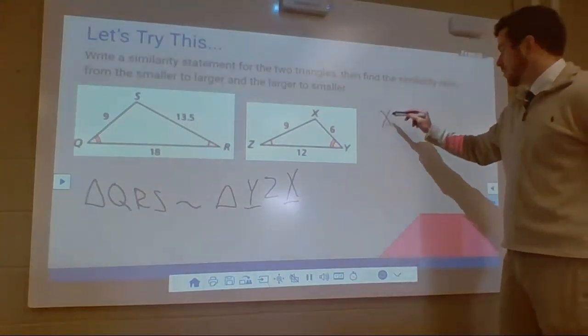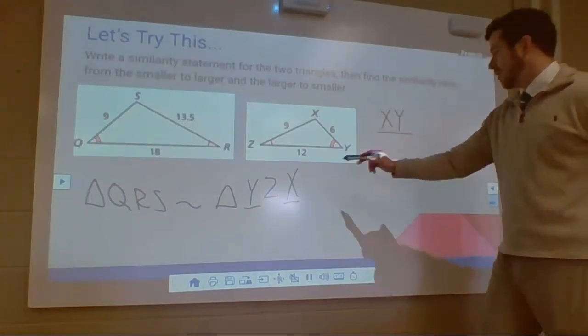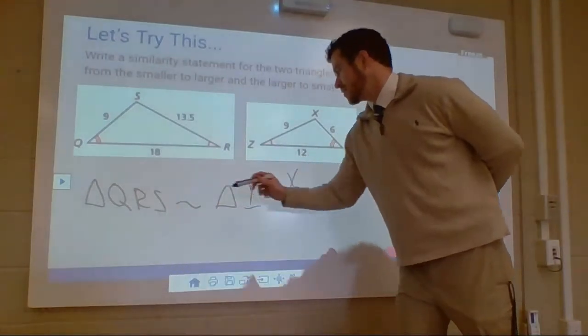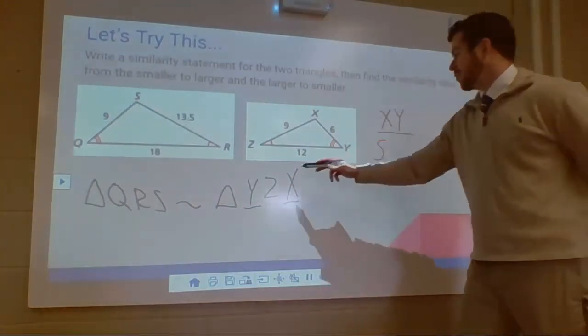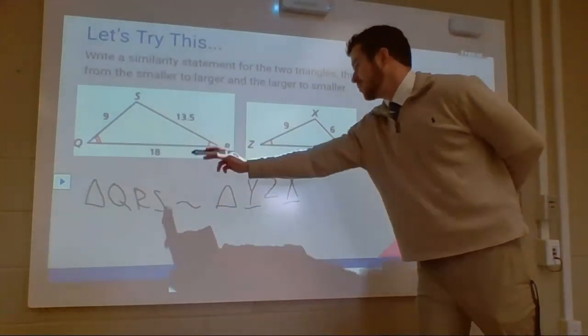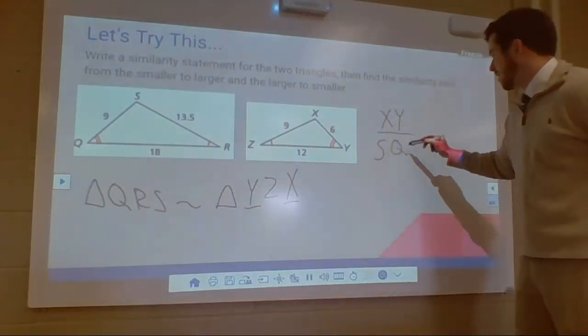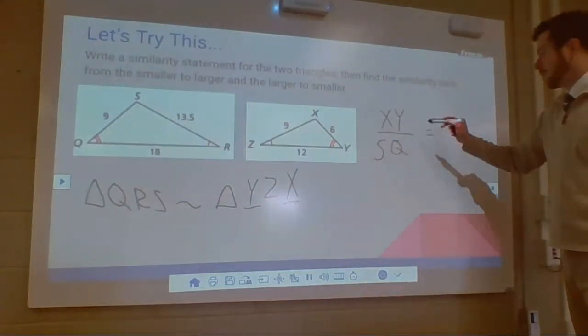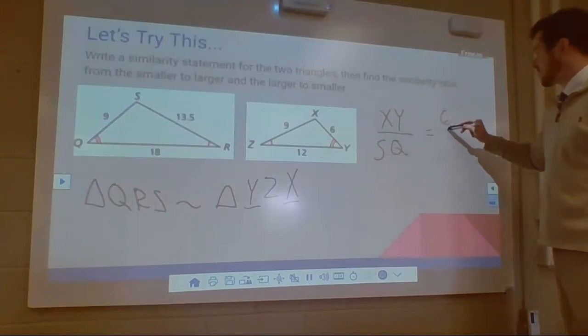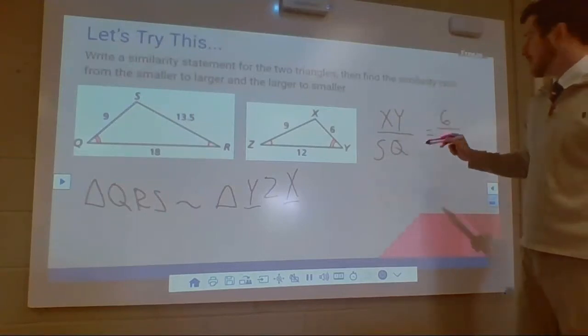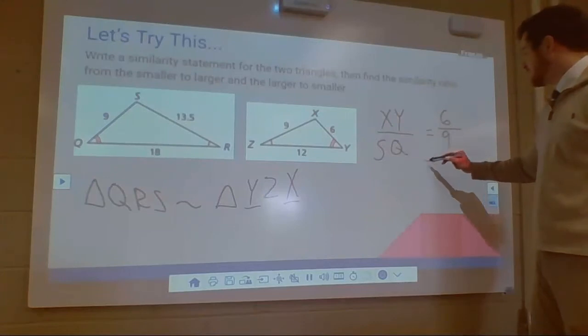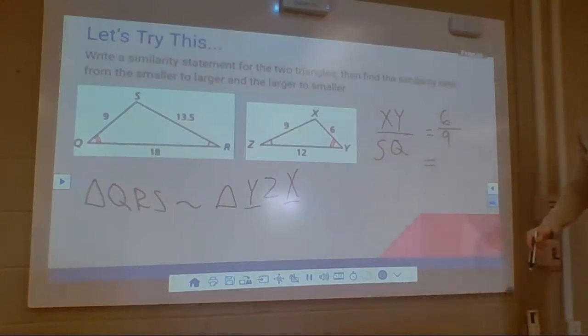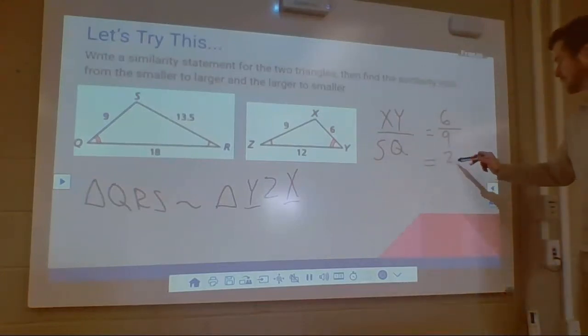So I'm going to say XY, and X corresponds to S, and Y corresponds to Q. So we'll say XY over SQ. Well, XY is 6 units, SQ is 9 units, and if you simplify that fraction, 6 and 9 are both divisible by 3, so that'll simplify to 2/3.